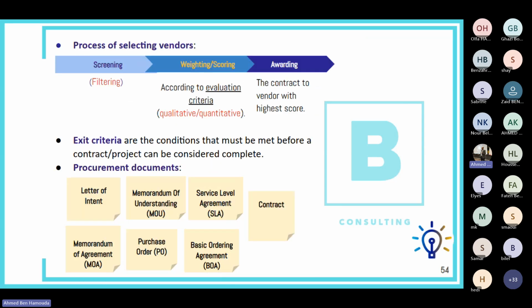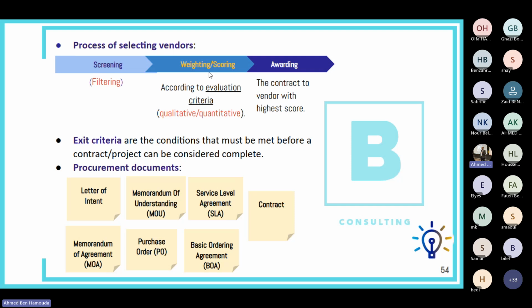Okay. Now, what's the process of selecting vendors? Now, remember this. Once a request for a proposal is issued, we will be receiving a number of applications or offers. Then the first step is to do some initial screening, where we will be filtering out the unwanted sellers or vendors.